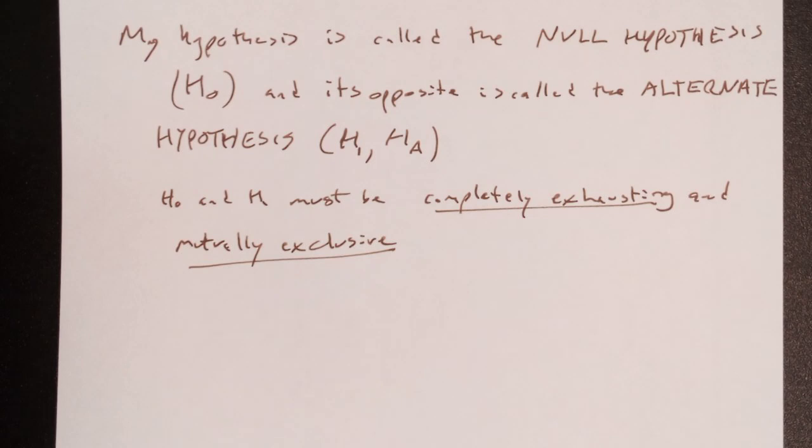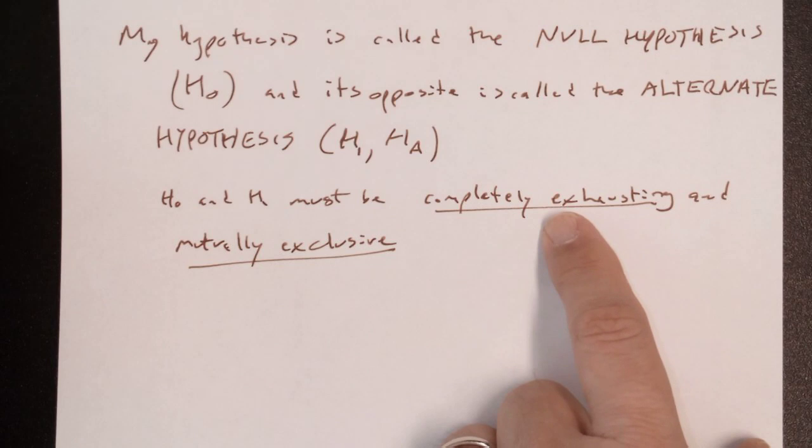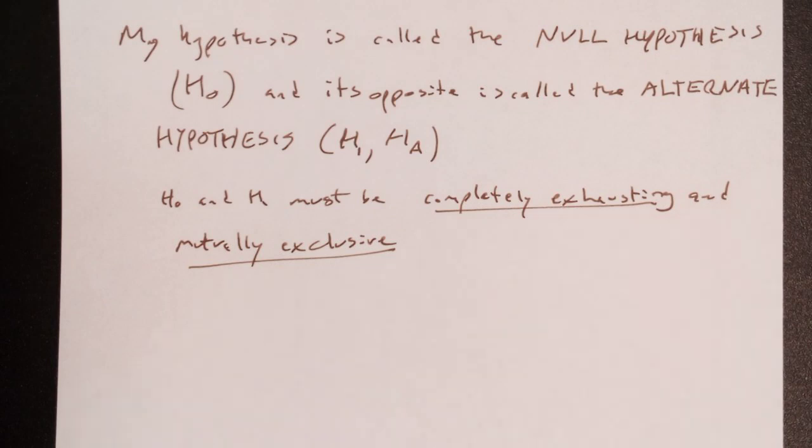Either one happens or the other, never both. They exclude each other, and never something else. This is the only thing that can happen: either H0 happens or H1 happens. Ne'er the twain shall meet, nor do we have any other options.